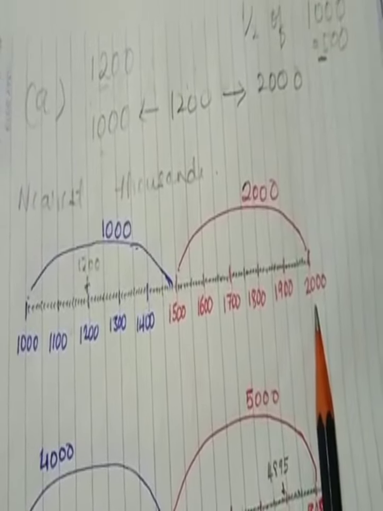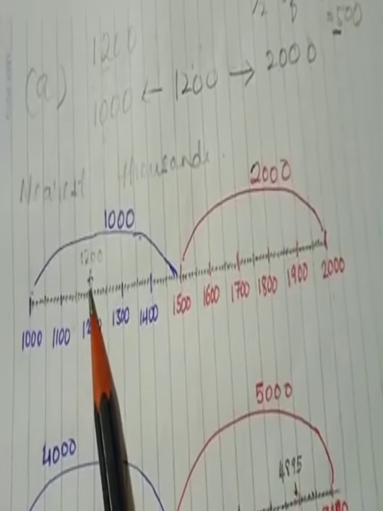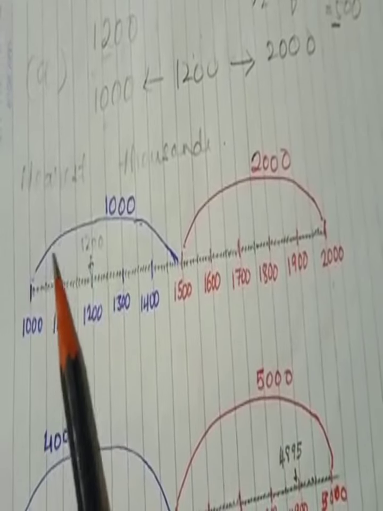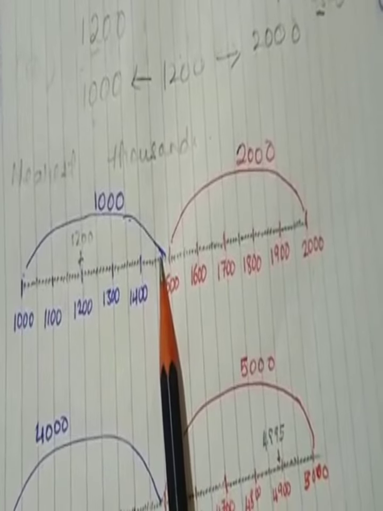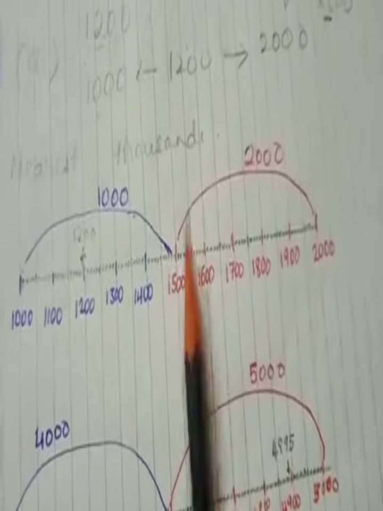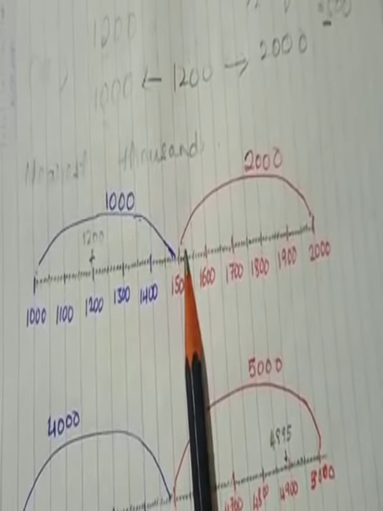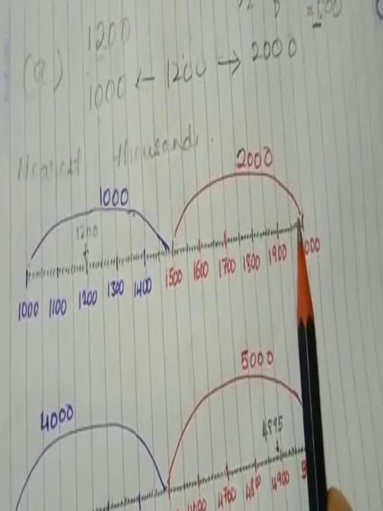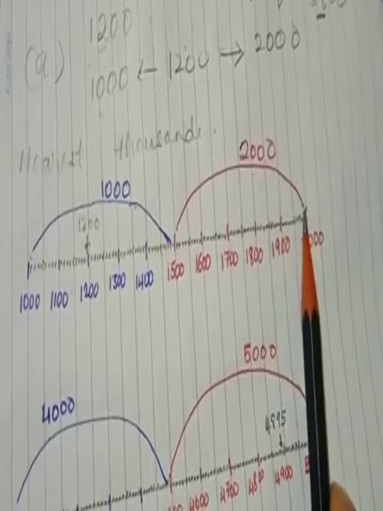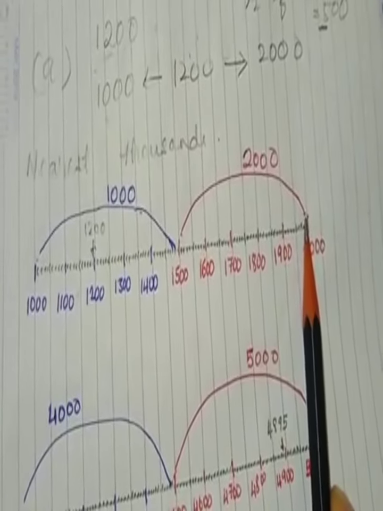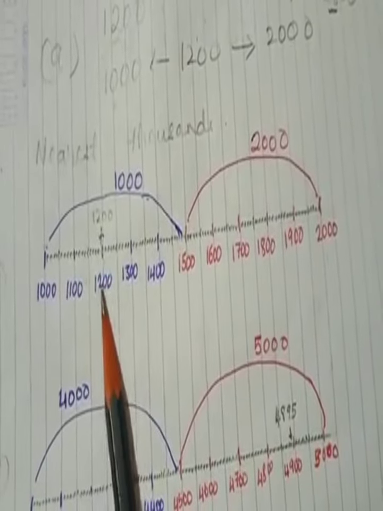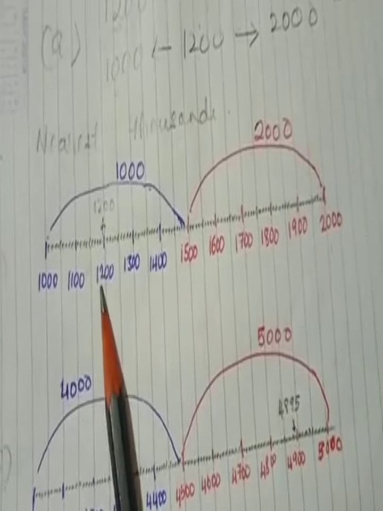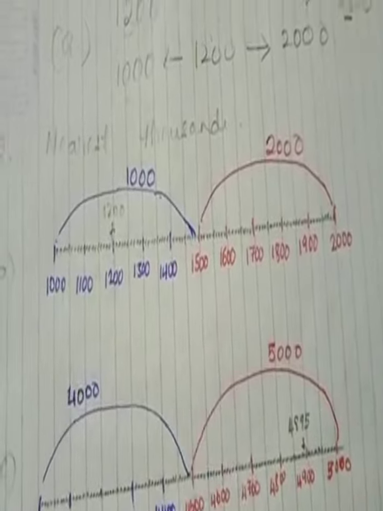Then let us see where we find our number. 1200 is here, which is within this arc of 1000s. Had it been 1500 or more than 1500, it would have been converted to 2000s place. But because it is 1200, with the hundreds place less than 500, it will remain in the same thousands place.